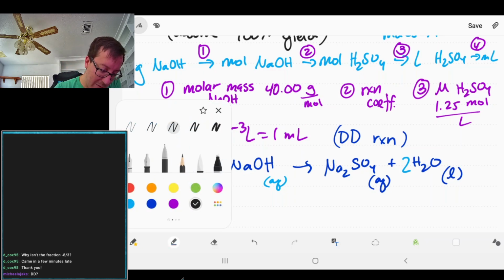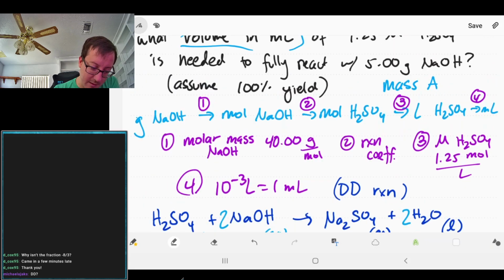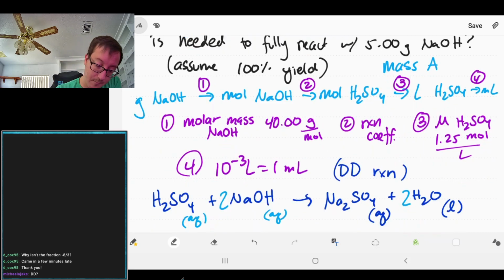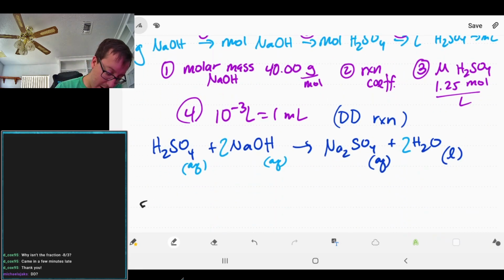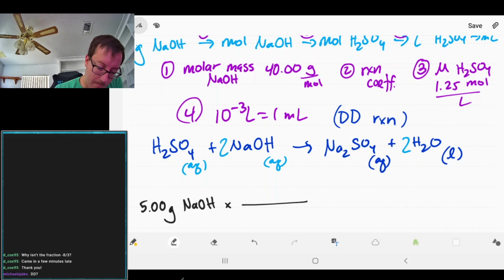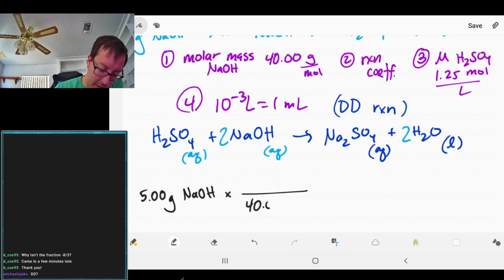So I don't even remember how much sodium hydroxide to be at. 5 grams. Okay. So 5 grams. We're going to have 40 grams, which is the molar mass.